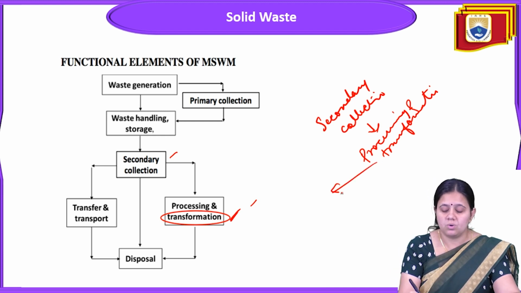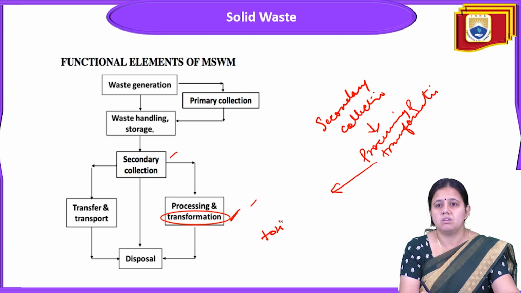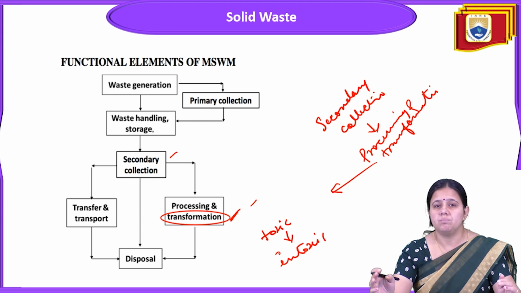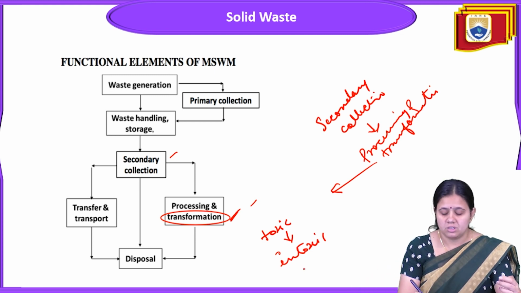This is the conversion of waste from toxic to non-toxic, meaning dangerous waste is converted into non-dangerous material. Organic waste goes toward the composting or vermicomposting site, but plastic materials and other dangerous things should be burned out in the incinerator. So then the incinerator comes.